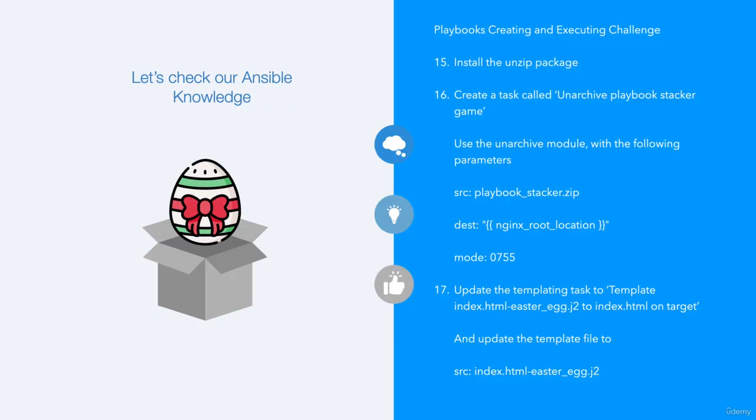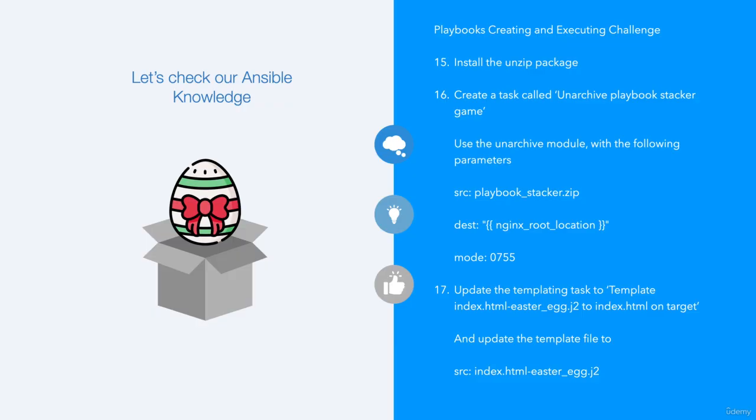Okay, so the first task is to install unzip so that we can unzip our code into the website root. For this, we're going to use the Ansible unarchive module. Create a task called Unarchive Playbook Stacker.